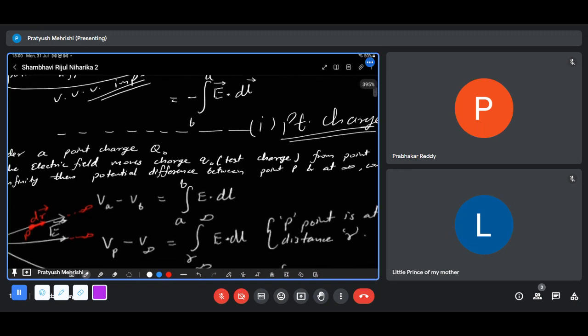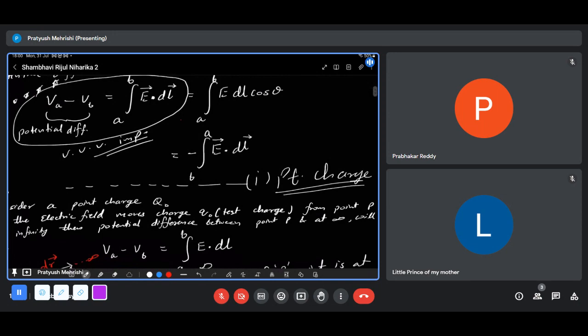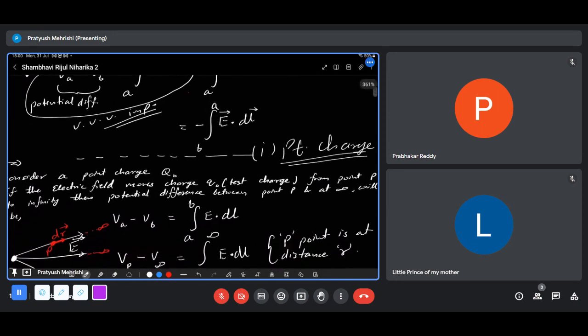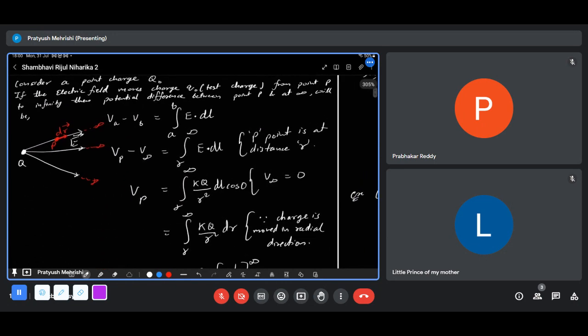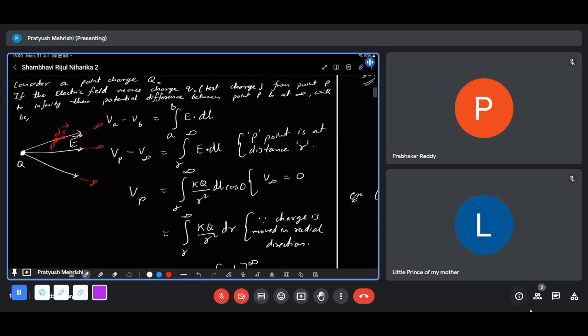Now, through this, we can easily see the potential difference between infinity and a particular point P because of a point charge. What is the potential difference between initial point infinity and final point P? So Vp minus V infinity equals the integration of E dot dl from r to infinity. Now what is the electric field?